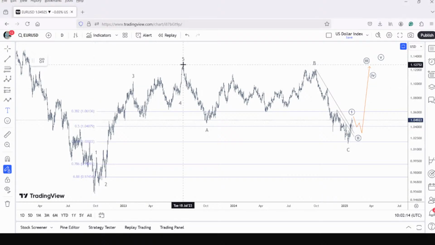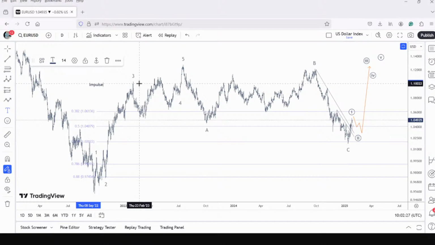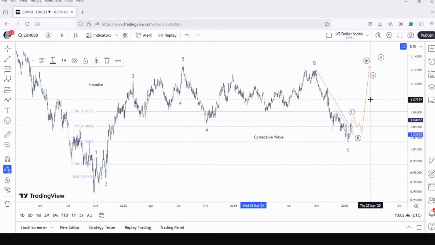95 and 1275, that rally is an impulse, and a couple of years of corrective wave. I'm just writing it down for us to keep in mind or help us understand what the next phase could be.